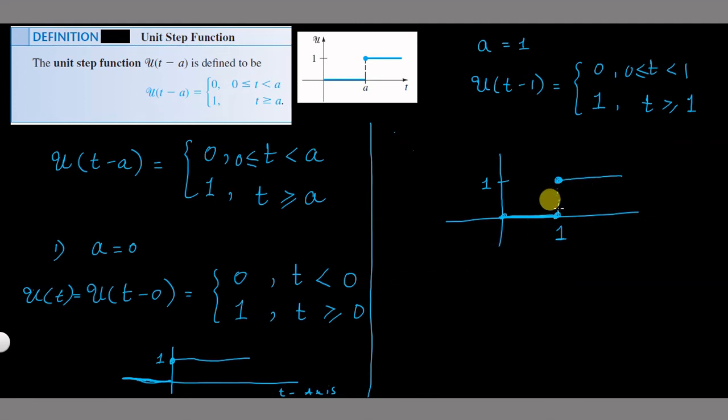This is value 1, and it will move up to infinity. So this is the piecewise function. Now if a is 2, then what will be the representation of this function? It's u of t minus 2, which shows the answer is 0 if t is less than 2 or greater than or equal to 0, and the answer will be 1 if t is greater than or equal to 2.